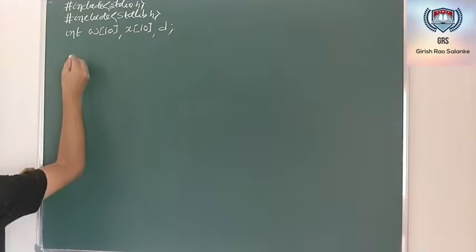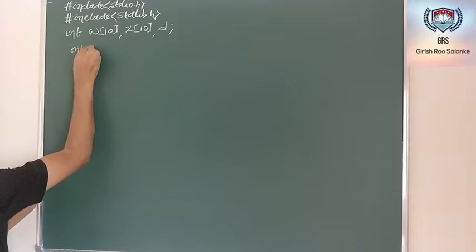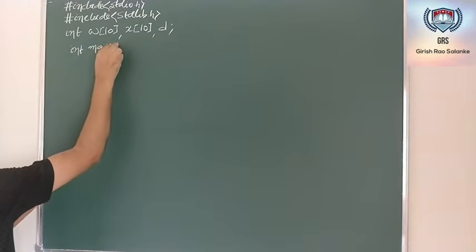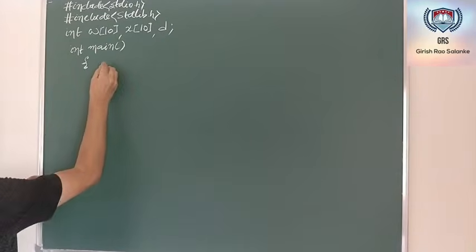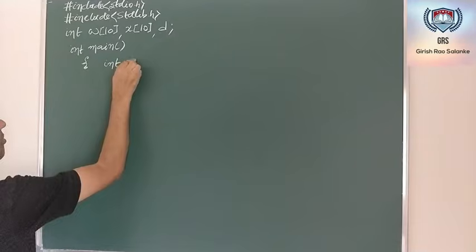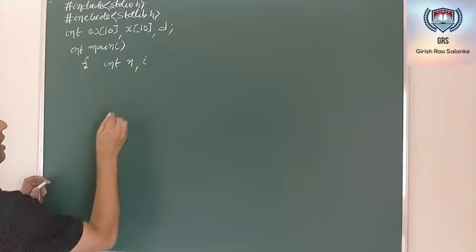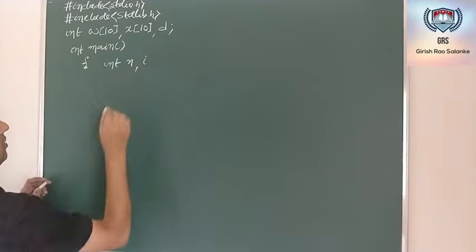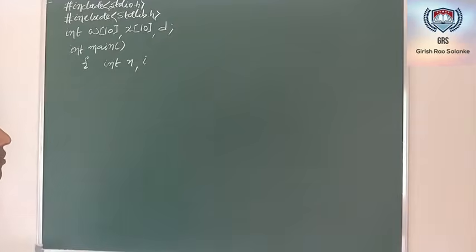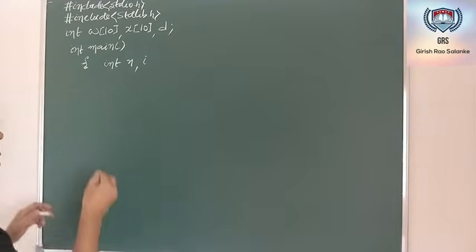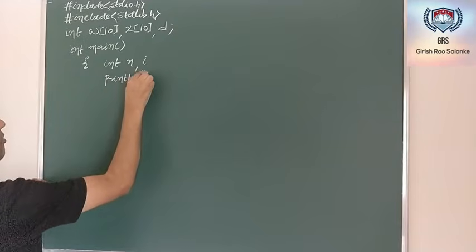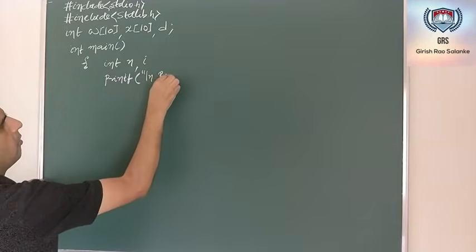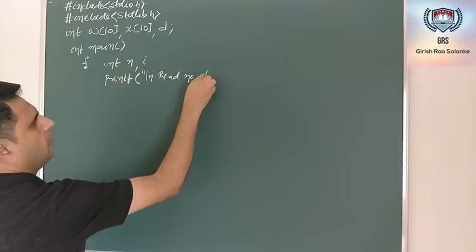Now let's start with the main function. In the main function, the variables are n and i. In case I require some more variables, we'll add them later. First we'll read the number of elements with a printf: read number of elements.